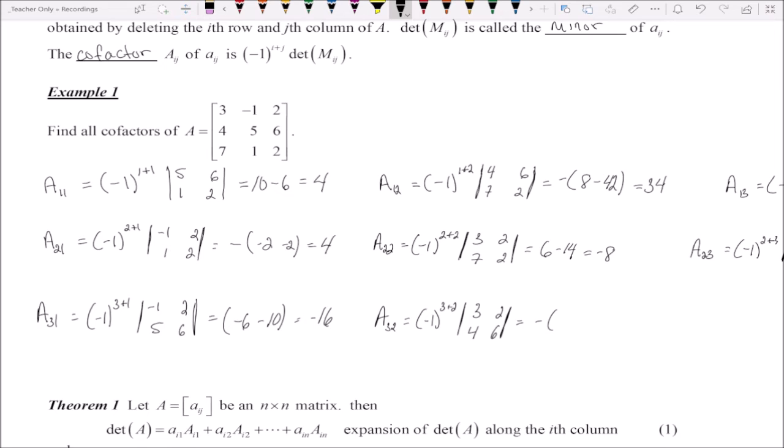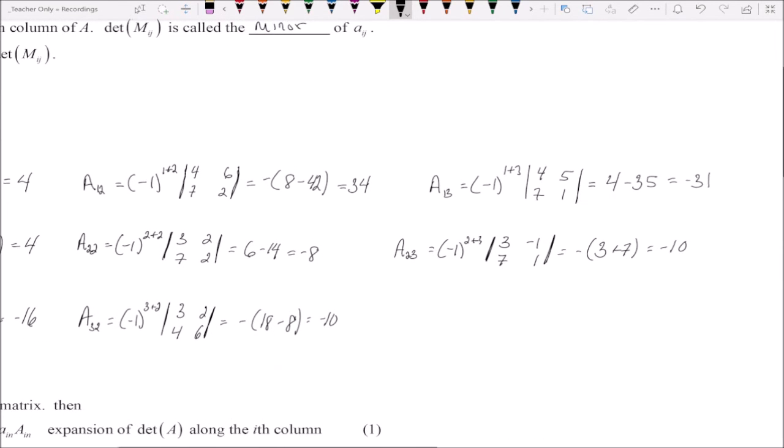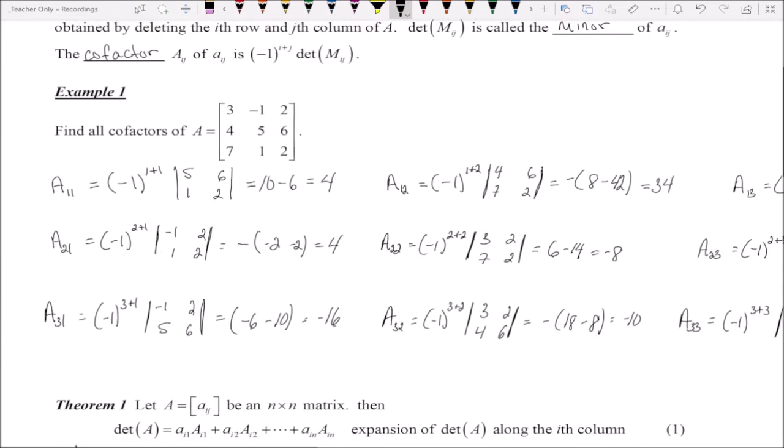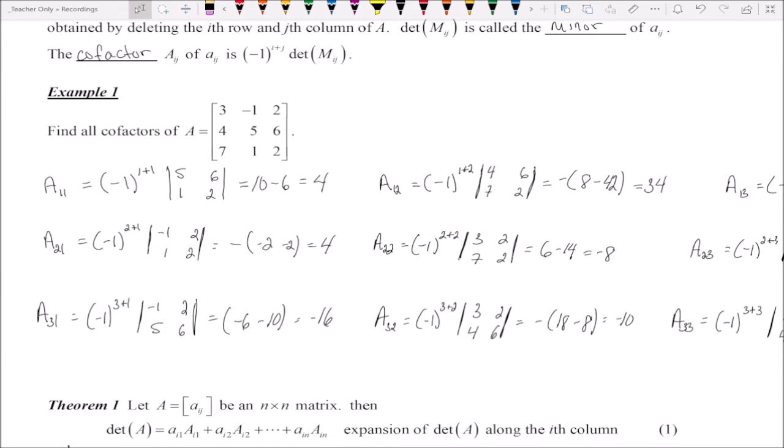We get negative 18 minus 8. So negative 10. And finally, A33, (-1) to the 3 plus 3 times the determinant 3, negative 1, 4, 5. Right, so we get 15 minus negative 4 is 19. And so there are all 9 cofactors of this 3 by 3 matrix.